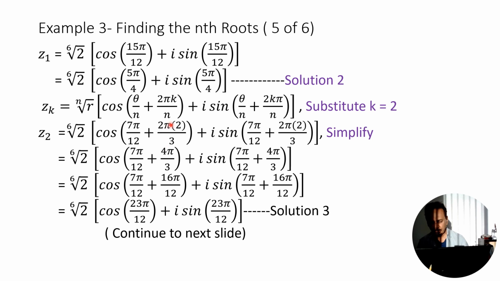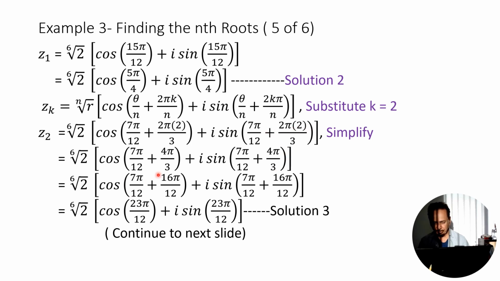Now we have z sub 2 equals sixth root of 2 times cosine of 7 pi over 12 plus 4 pi over 3, plus i times sine of 7 pi over 12 plus 4 pi over 3.